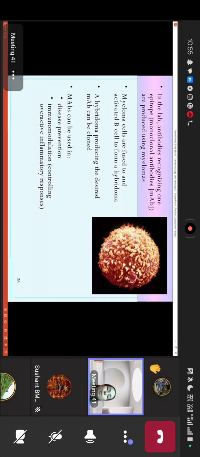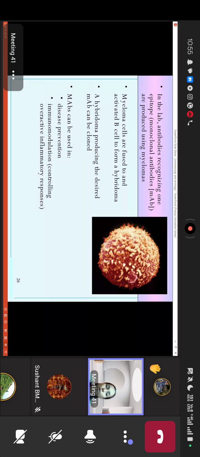Epitope is the site which is present on the antigen, and paratope is the site which is present on the antibody. Now, which we produce using myelomas. Myeloma cells are fused with activated B cells to form hybridoma. Hybridoma further producing desired monoclonal antibodies can be cloned.